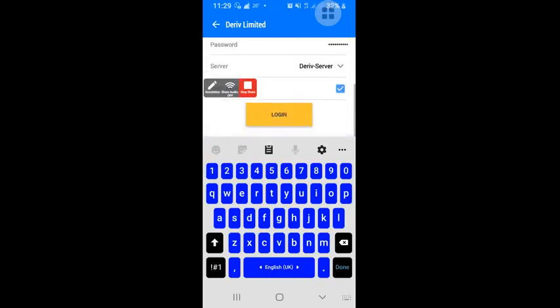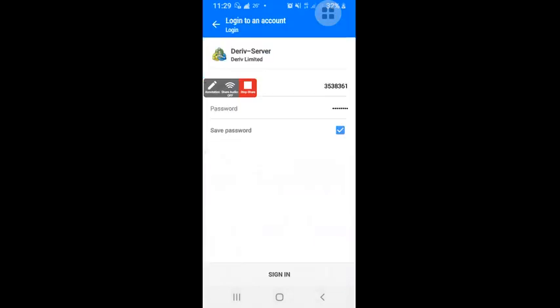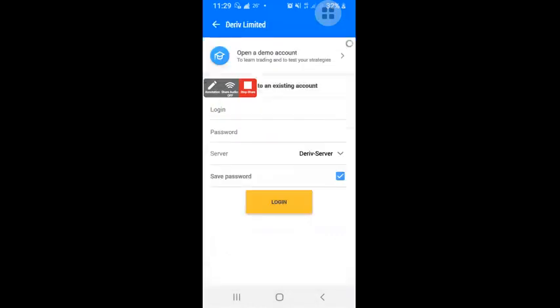Then the server should be demo. Authorization failed because you chose the wrong server. When you are logging in, the server position, you must always be conscious of it. So the server should be Deriv demo.